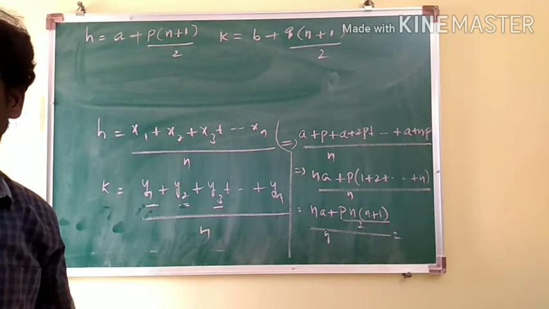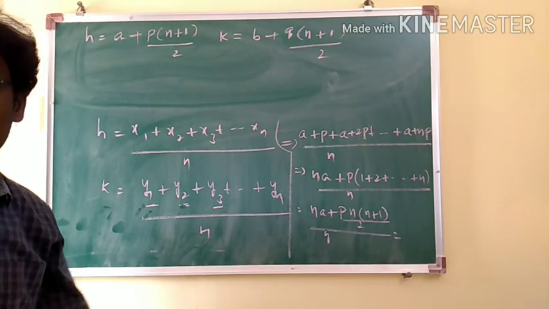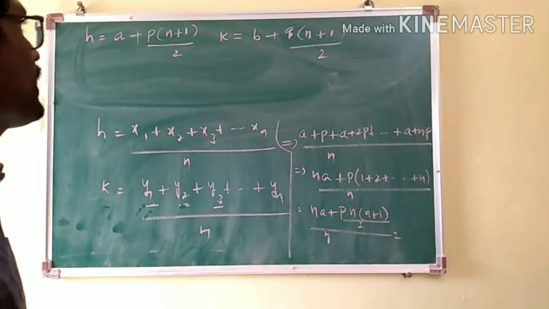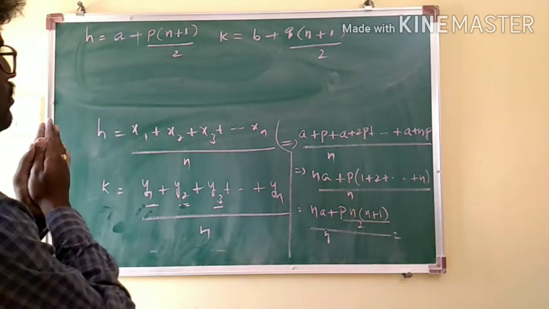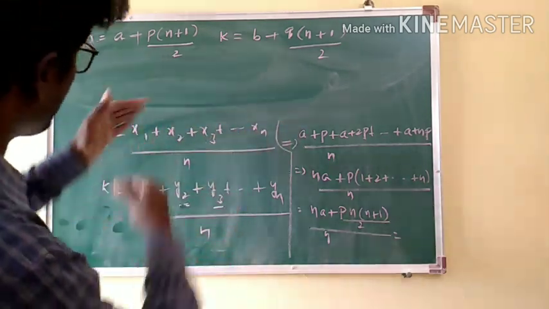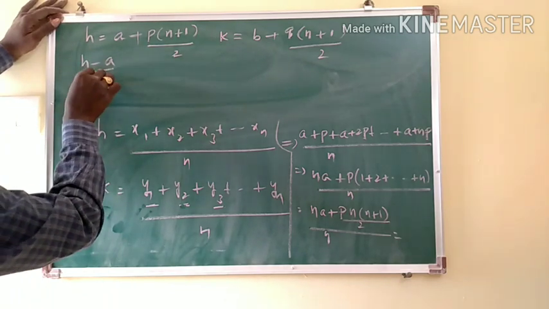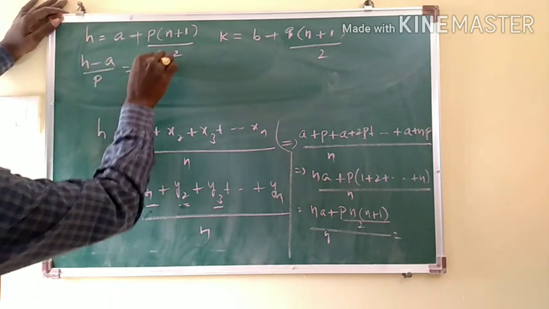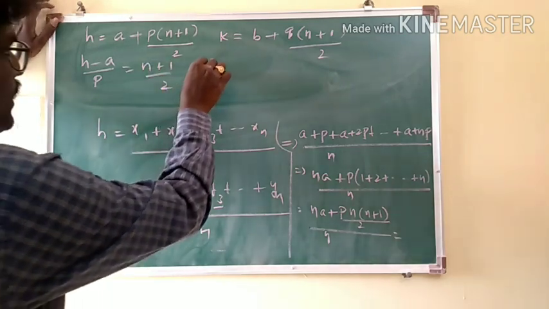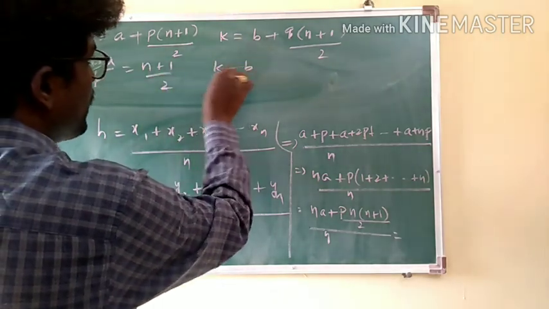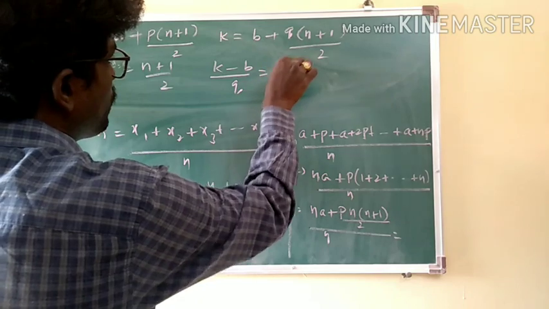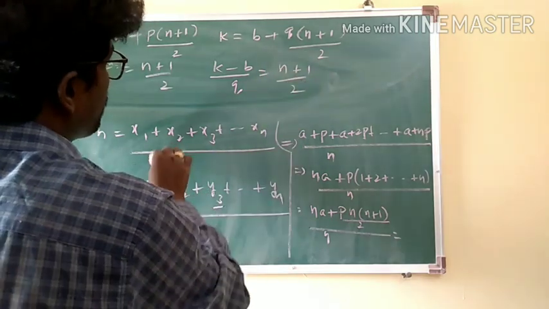That locus should not have the n term, so I am going to write here h minus a by p is equal to n plus 1 by 2, and here also we will be getting k minus b by q is equal to n plus 1 by 2.